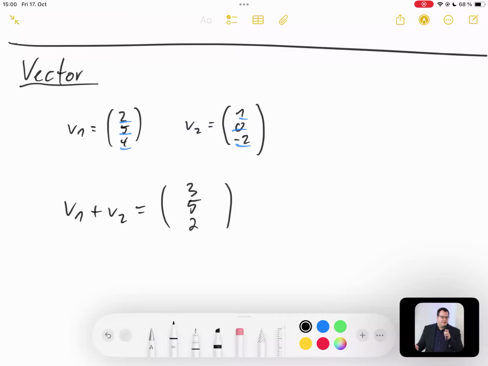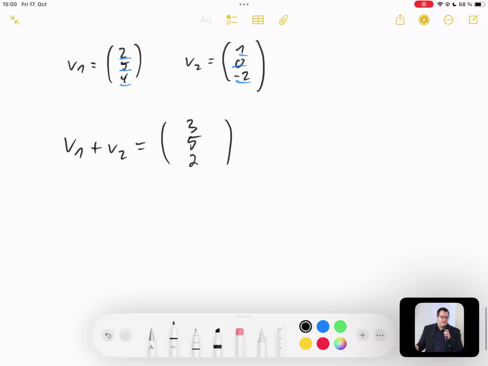Then we can also have scalar multiplications, for example, 3 times v1. What I do is I multiply 3 with each of the entries. Maybe you can just send us the result. What's 3 times v1?